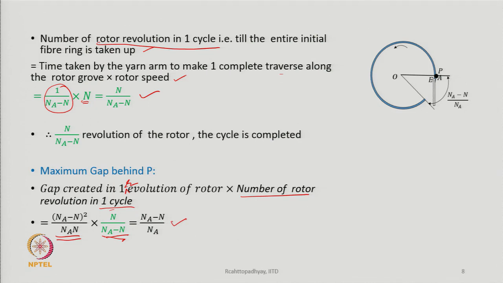This expression will give you, in terms of revolutions, the maximum gap behind P, that is from here to there, this gap, when I have removed all the original fiber ring.